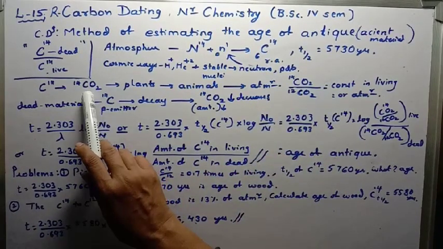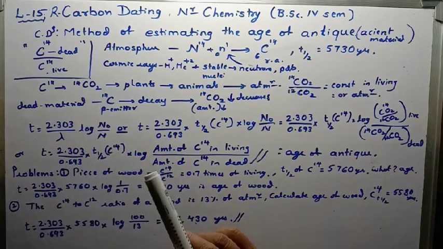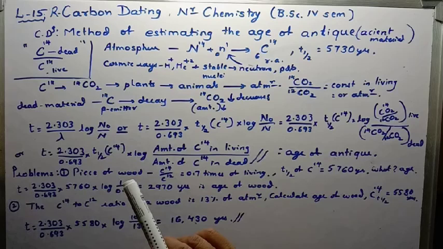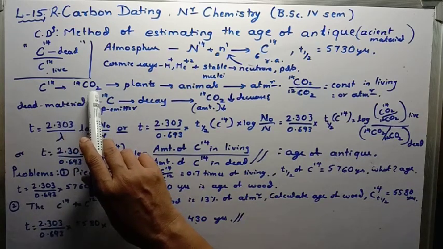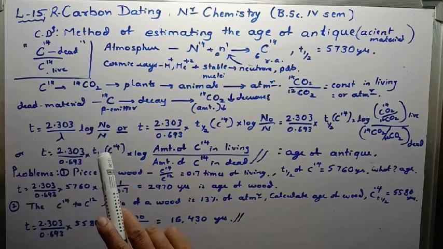Along with it, there is an abundant amount of C12, carbon with atomic mass 12, also in the form of carbon dioxide.